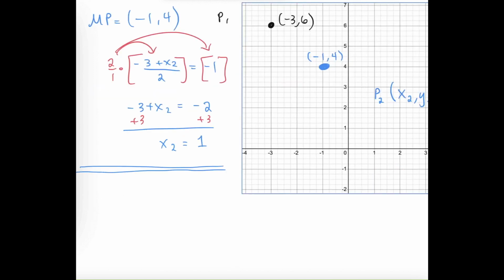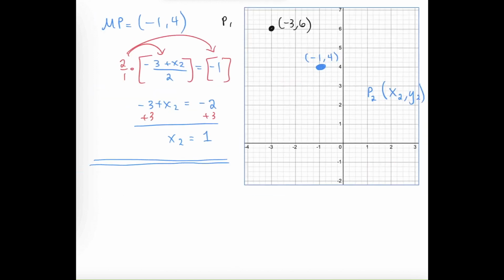Now, to get the y value, we know that the average y value is the average of 6 plus y2, and that's going to be equal to the y value of the midpoint. So the endpoint y value 6 plus the endpoint y value that we don't know, that average has got to be equal to 4.